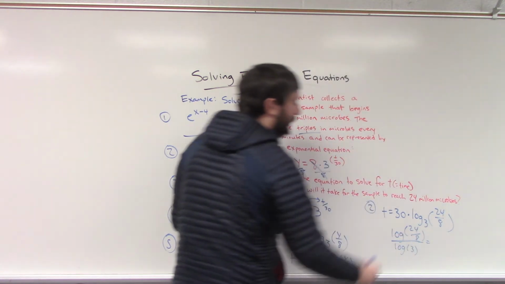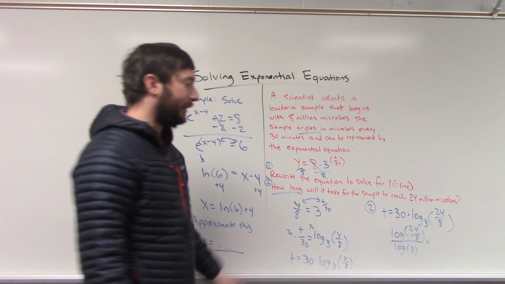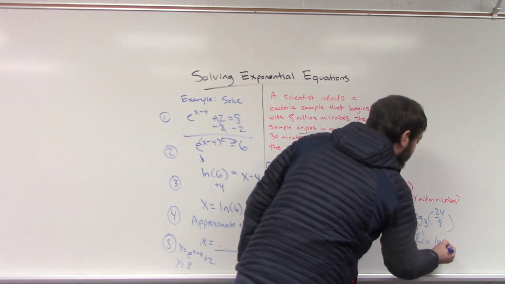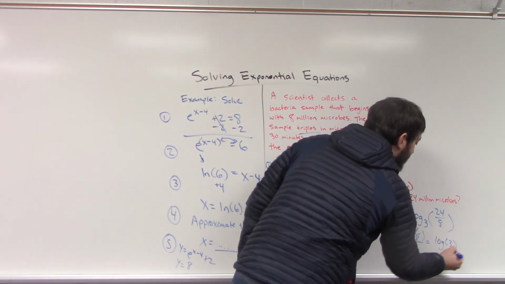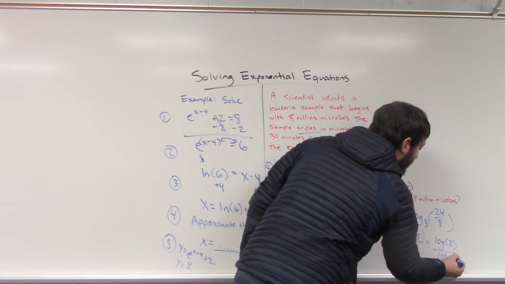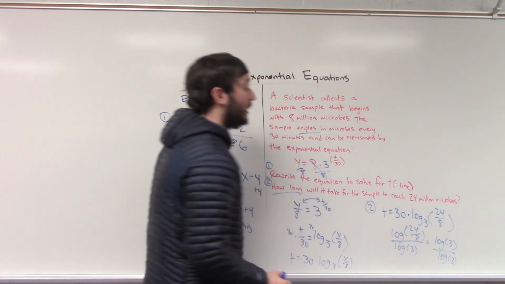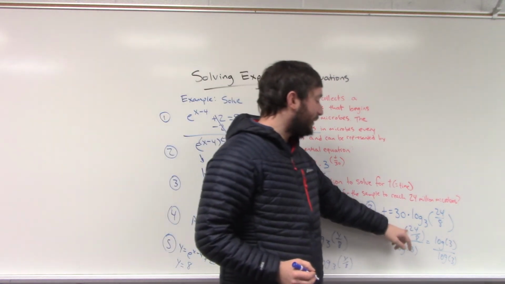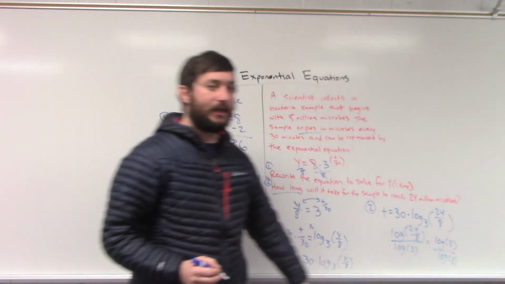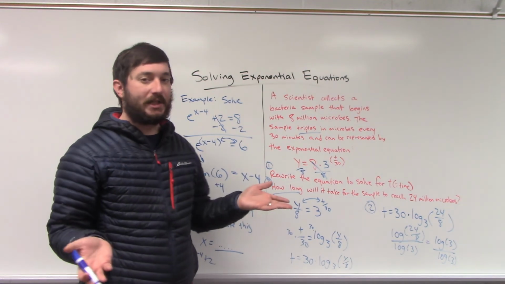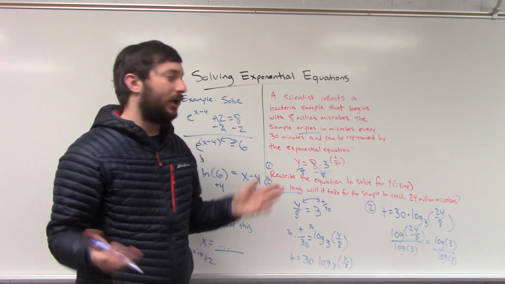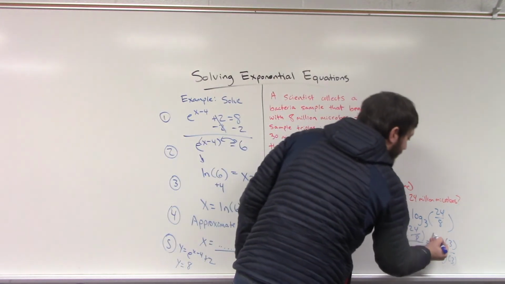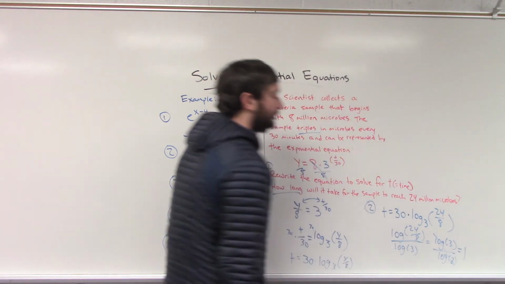Now 24 divided by 8 is just 3. It's like log 3 over log 3. We just simplified 24 divided by 8 equals 3. And anything divided by itself, of course, is a 1, right? This is going to equal 1.